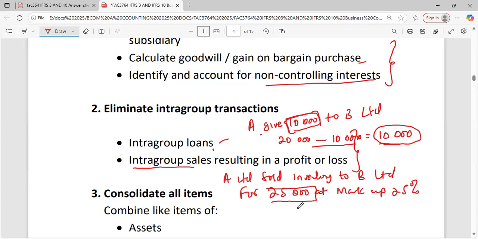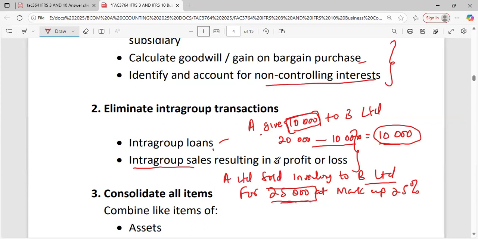You only consider the profit when B Limited sells these goods to third parties. As long as B Limited is still holding this inventory, the profit on it should be eliminated, because a group cannot make a profit on itself.